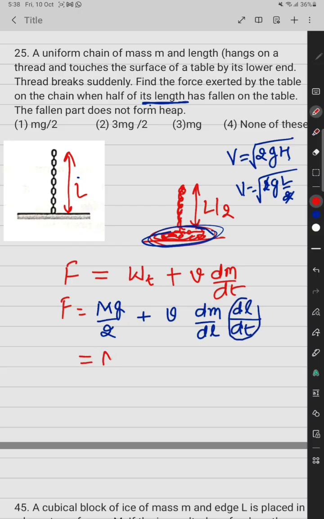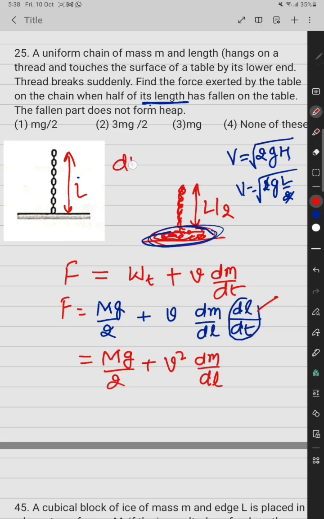So the force on the chain by the table is equal to mg by 2 plus v squared dm by dl, as v is the velocity of the chain.